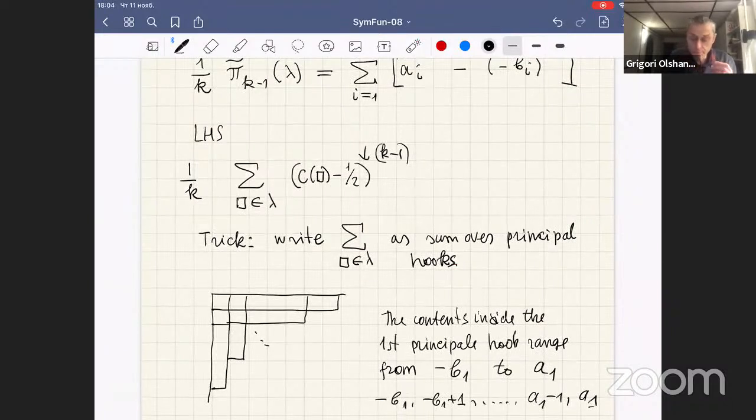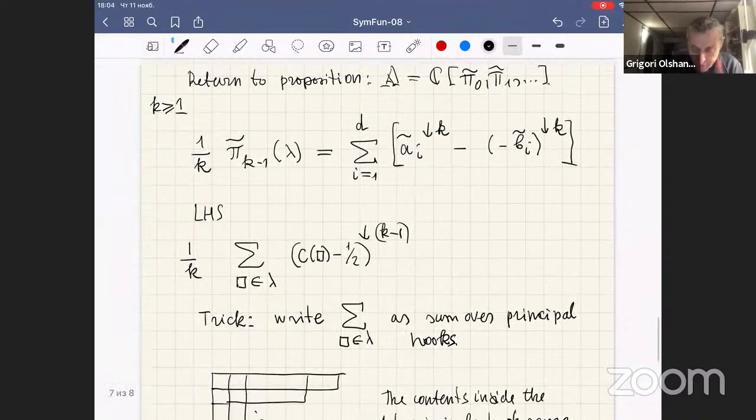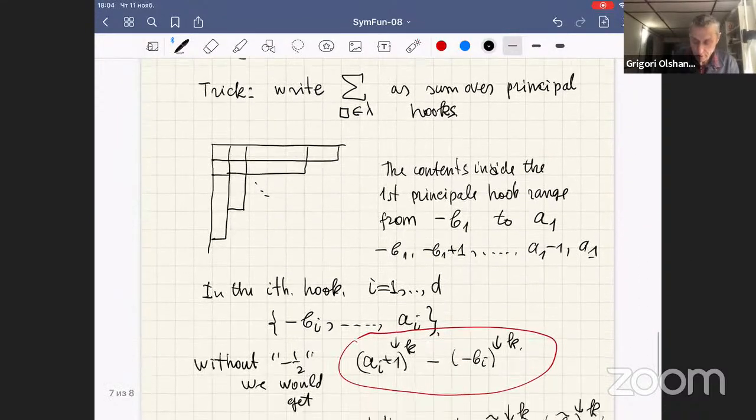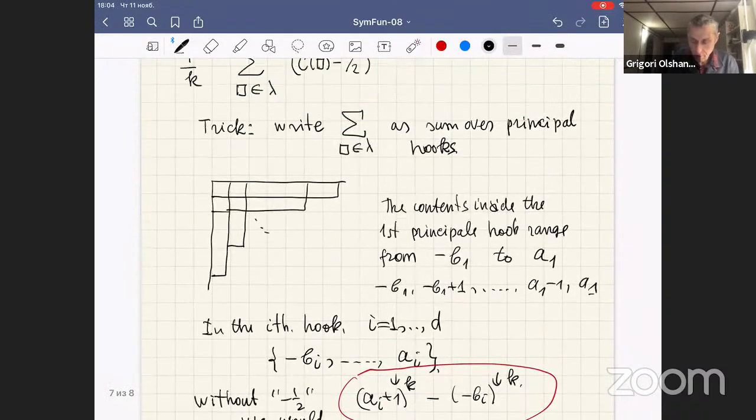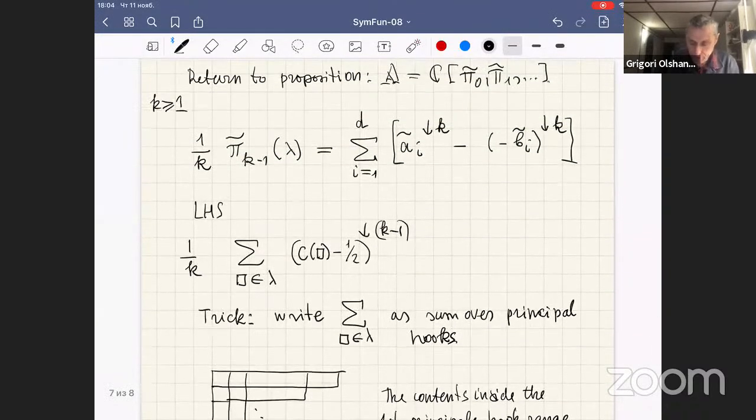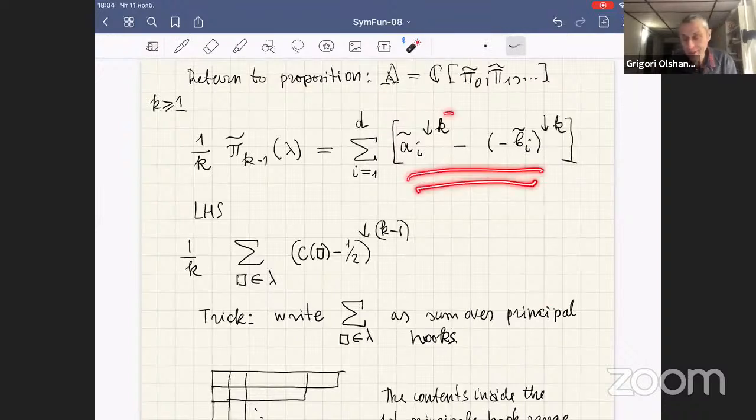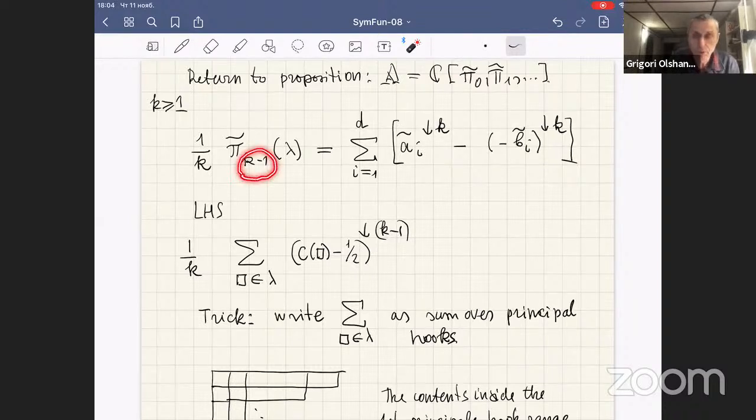Okay, but an important remark is that we have some shift in degree. You see what I have to show, this one. On the right-hand side, you have an element of degree k, but on the left, we have the index k minus 1.